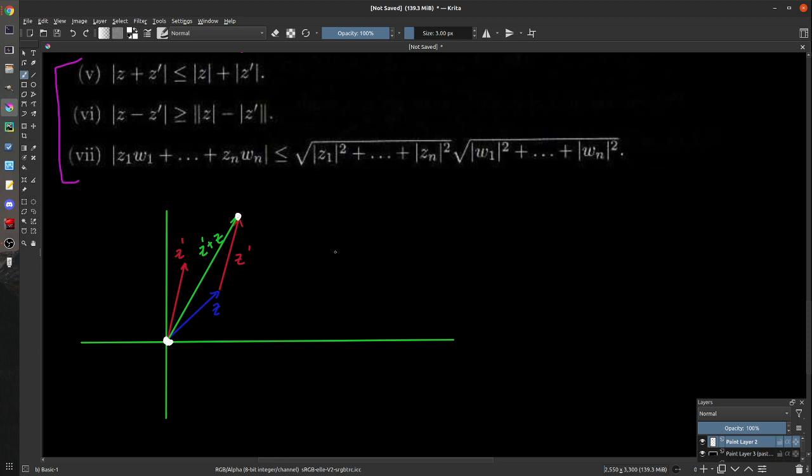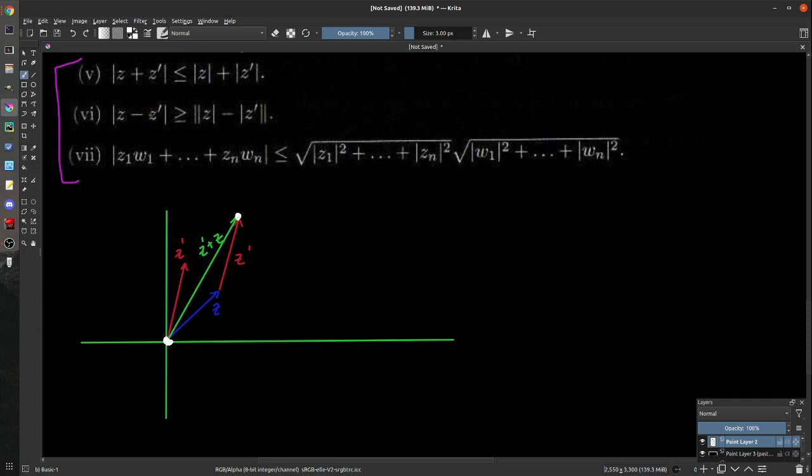But basically, this gives you a bound on the length of a difference, right? This gives you an upper bound on the length of a sum, while the reverse triangle inequality gives you a lower bound on the length of a difference.